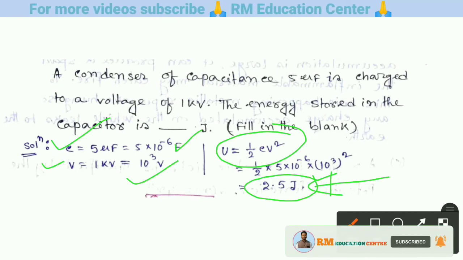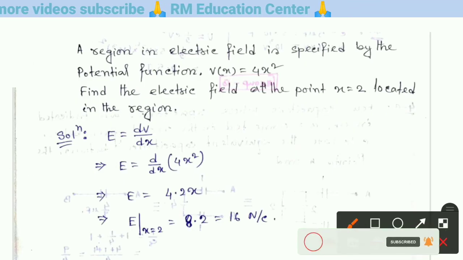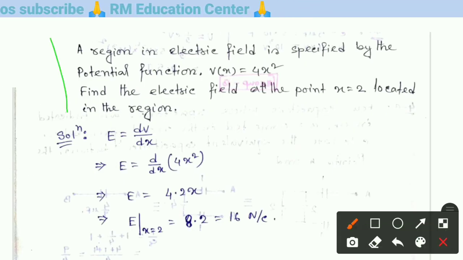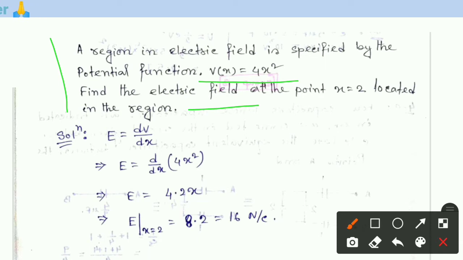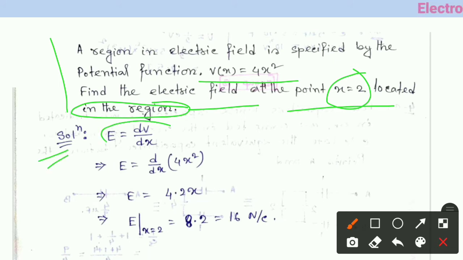Next question: a region in an electric field is specified by a potential function V is equal to 4x square. Find the electric field at the point x is equal to 2 located in the region. Solution: we know that E is equal to minus dV by dx.